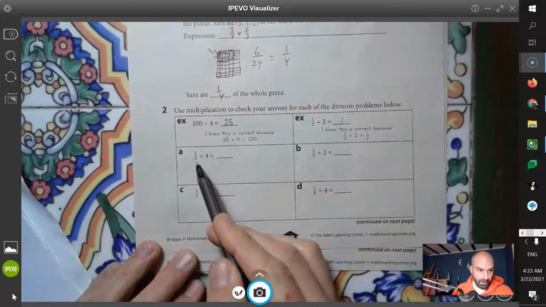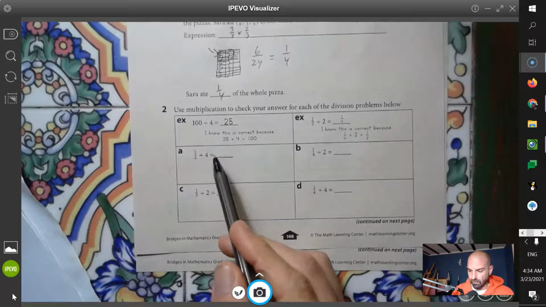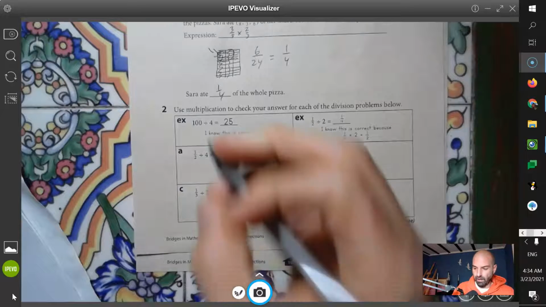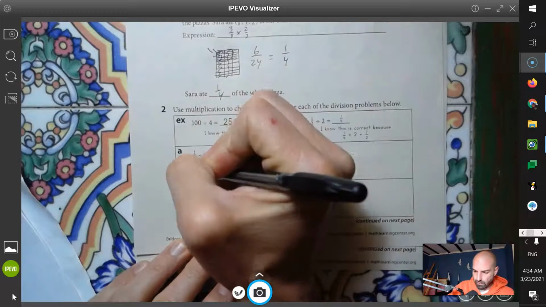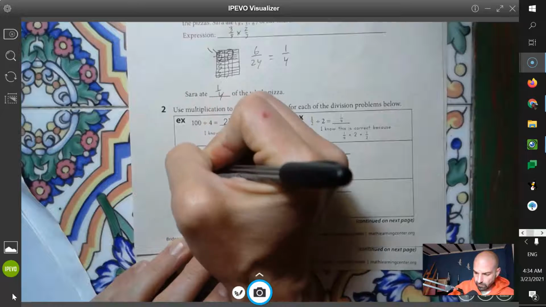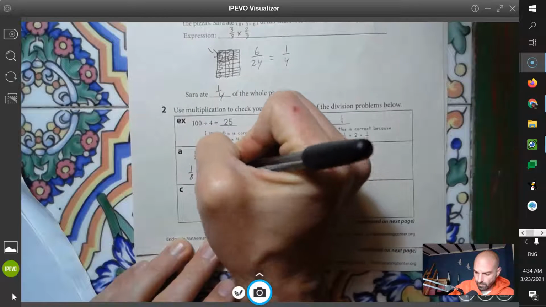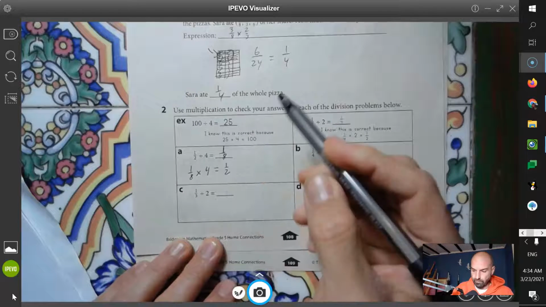So we have 1/2 divided by 4, which is another way to think about this, as we were saying, like 1/4 of 1/2, which would be 1/8. And now we can say, I know this because 1/8 times 4 equals 1/2, because 4 over 8 is 1/2.